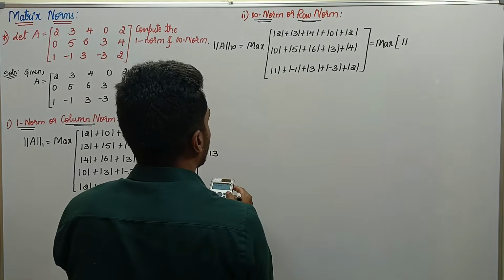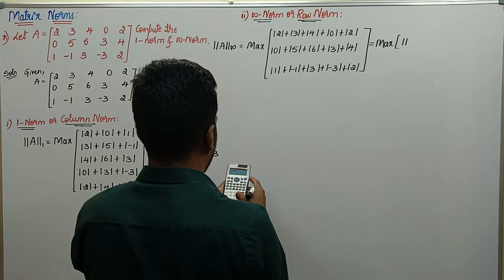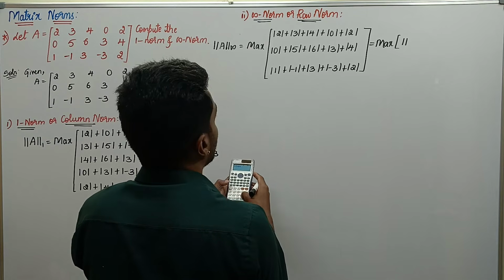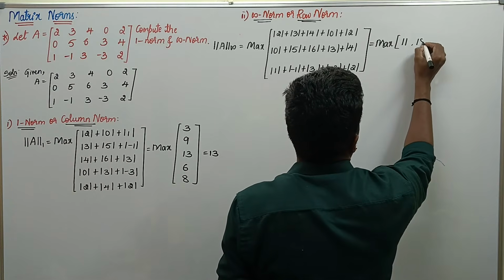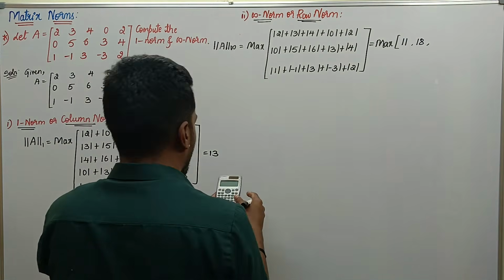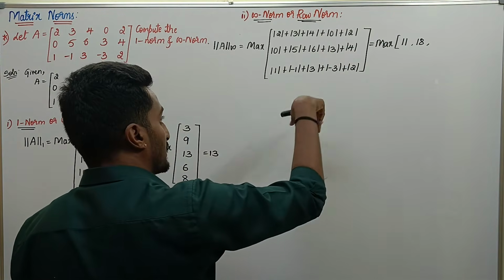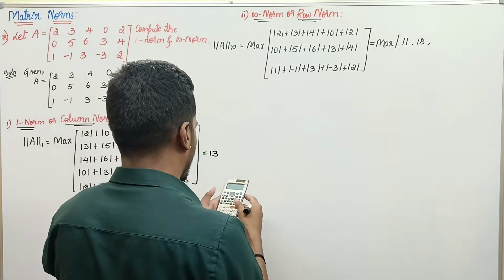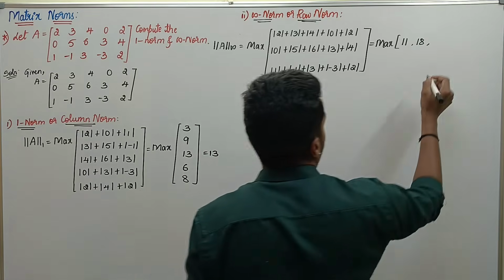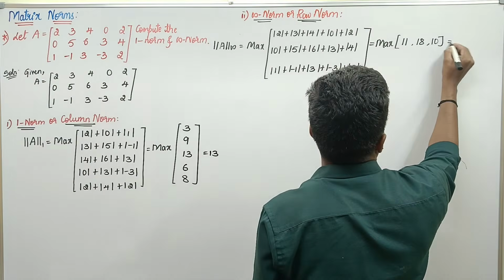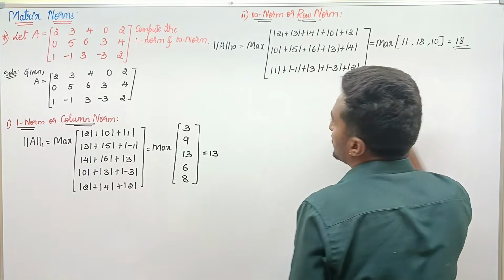Next we have 0 plus 5 plus 6 plus 3 plus 4, you get 18. Next, the last: 1 plus 1, since minus becomes positive in the modulus sign, plus 3 plus 3 plus 2, you get 10. Which is the maximum number? That is 18. This much is only the solution.